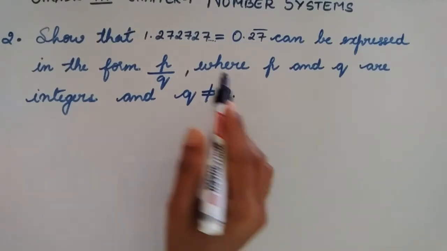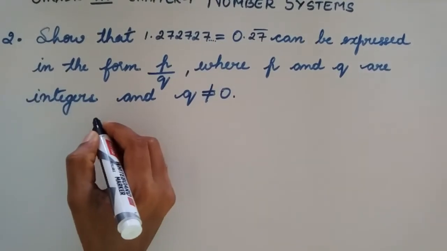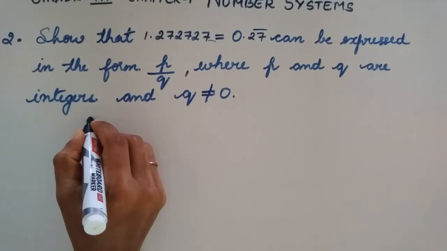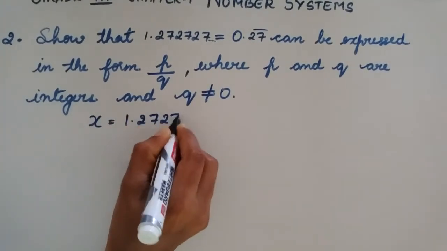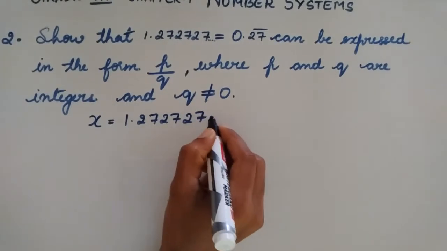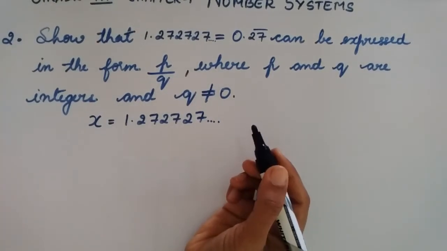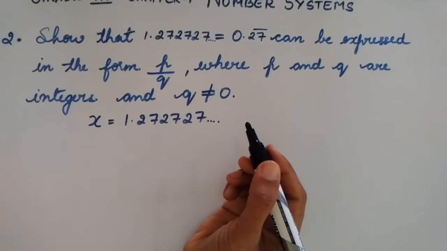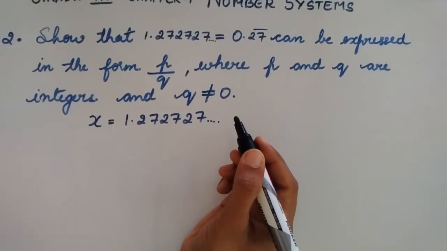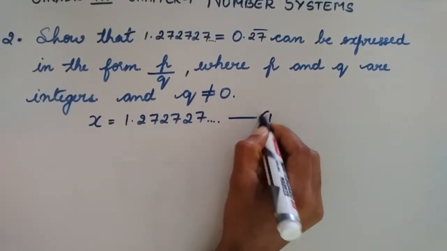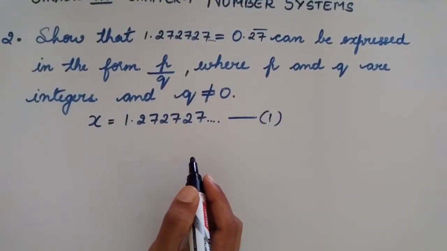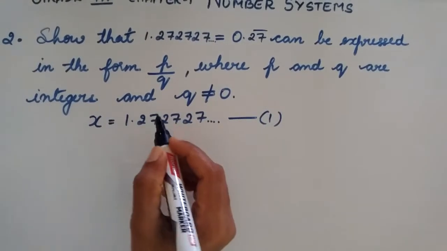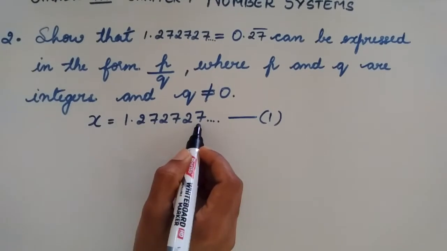So here, first let us call this number x, that is x is equal to 1.272727... Let me take this as equation 1. And then next, observe this number.